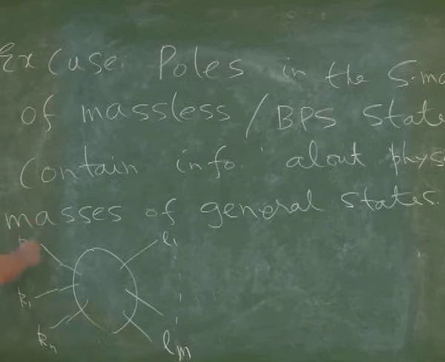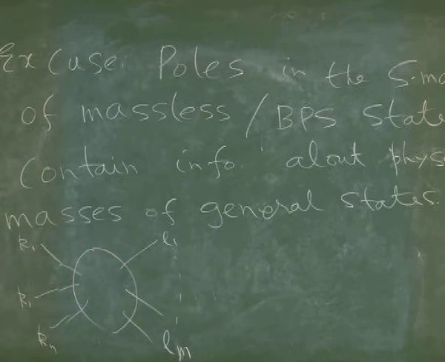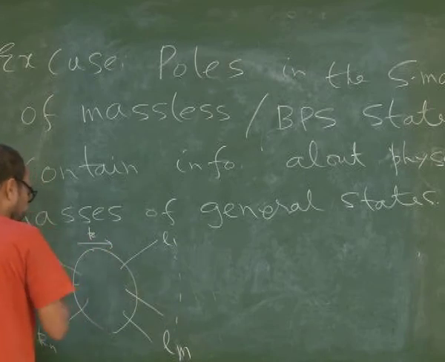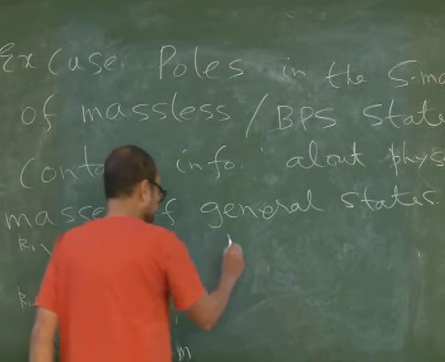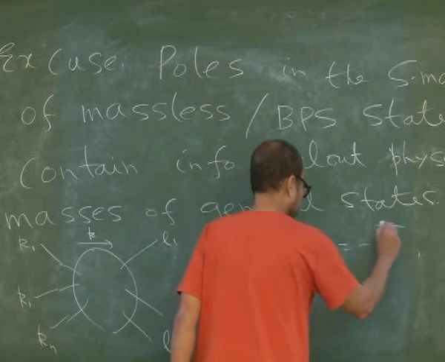These states are all massless or BPS. So there is a problem in defining this S matrix. Now let us suppose that k is the total momentum flowing in this direction. So k essentially is the sum over k_i, or equivalently minus the sum over l_i.